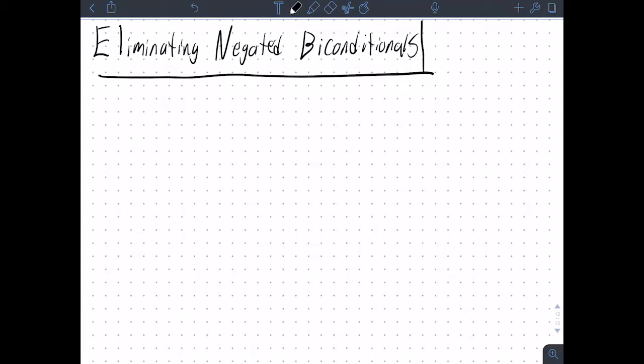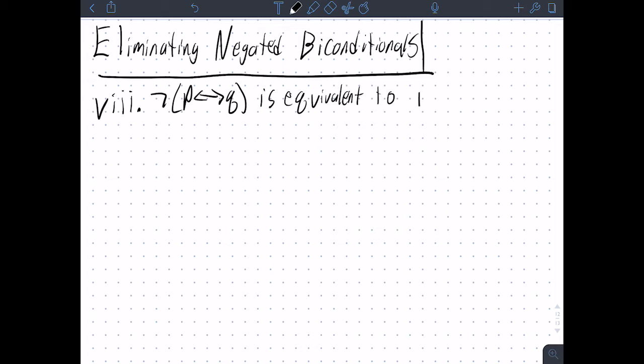Okay, getting rid of negated biconditionals. So we have 2 laws here. Pretty straightforward. So if we have not P if and only if Q, that's equivalent to, if I can spell, not P if and only if Q. The other way that we can negate this, don't panic that there are 2 of them.